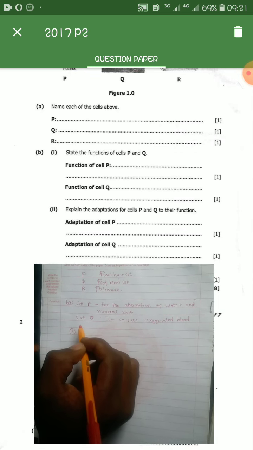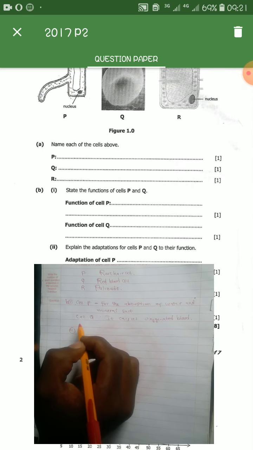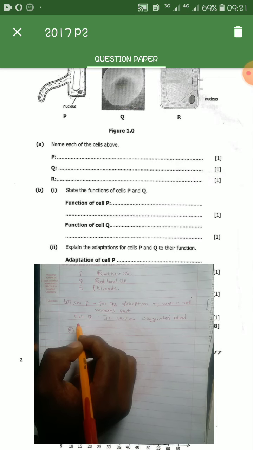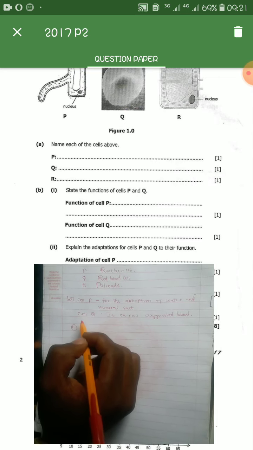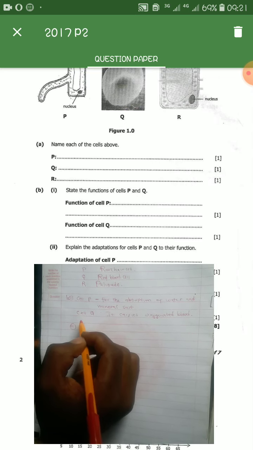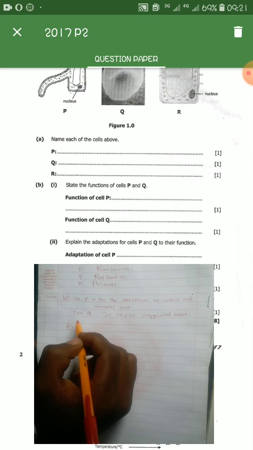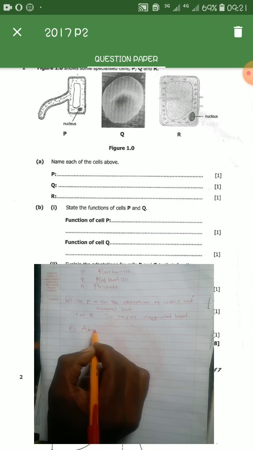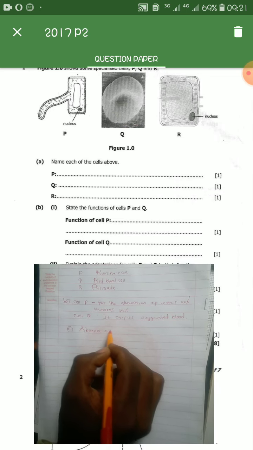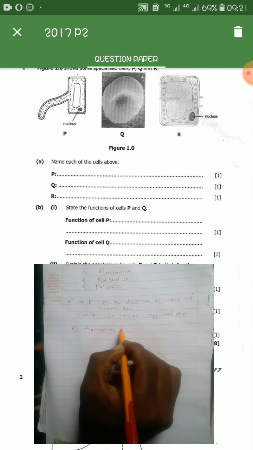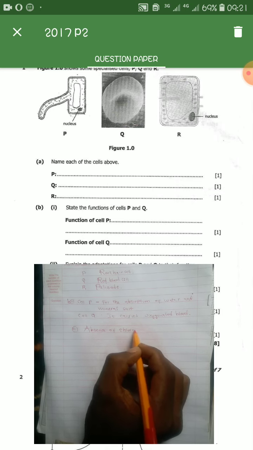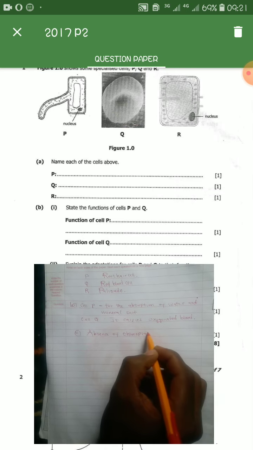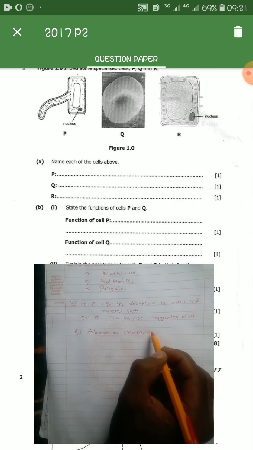What are the features of P for it to adapt to this specific function? There are many adaptations, but they only want one, since the mark is only one. So the adaptation of P, you're going to say, is the absence of chloroplast, since it is found in the roots, so it cannot have chloroplast.